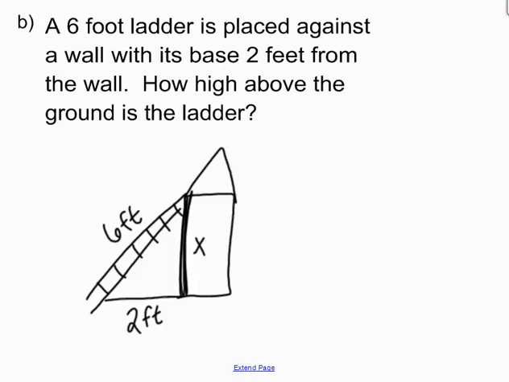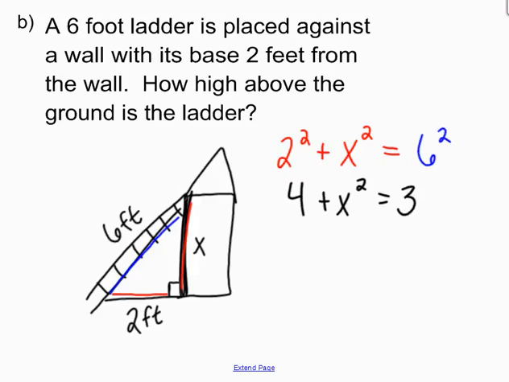Now I know this is a right triangle because you're assuming your wall is straight up and down. So that's going to be a right angle, and I'm going to use the Pythagorean theorem. I'm going to take my legs, so 2 squared plus x squared, and set it equal to my hypotenuse, which is just my ladder, 6 squared, and solve. So I get 4 plus x squared equals 36.